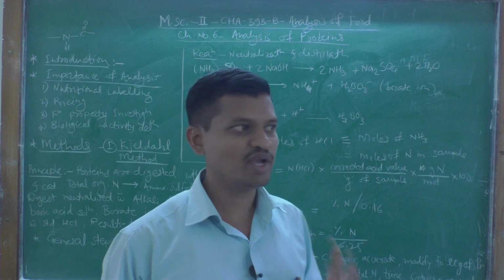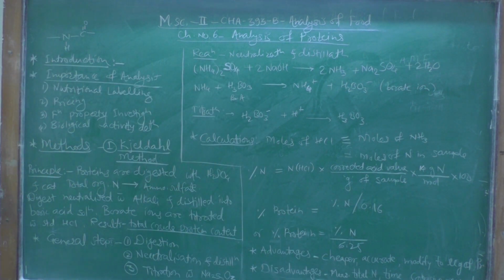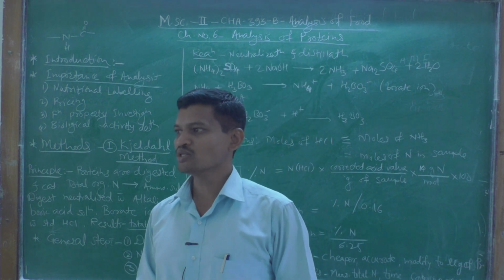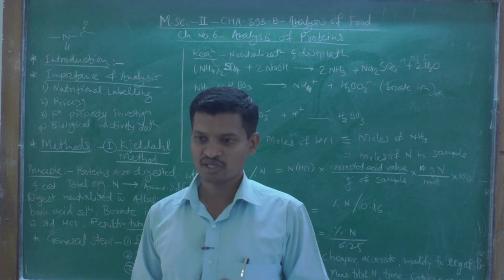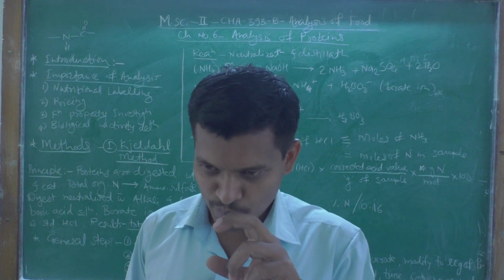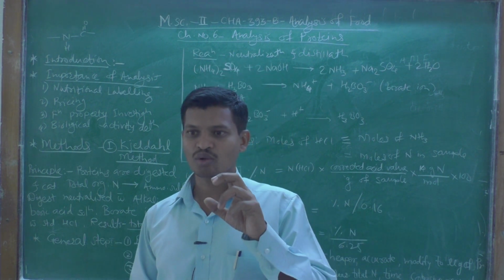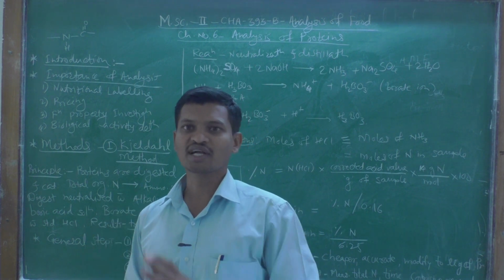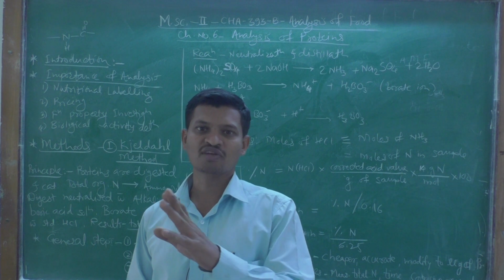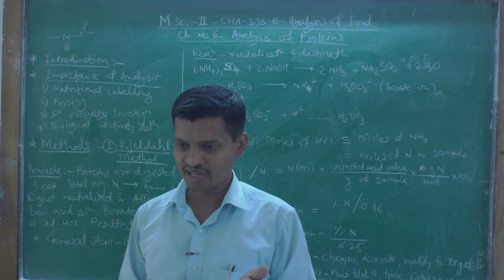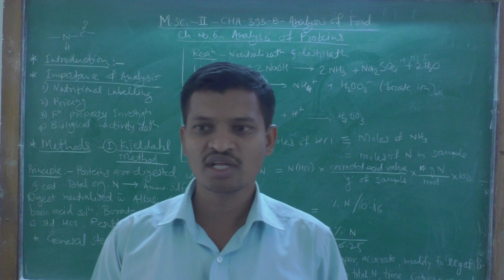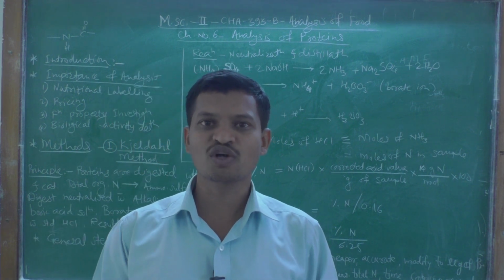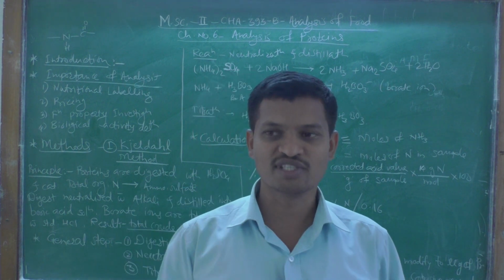So that's why this is one of the important reasons why we should do protein analysis. Okay, then the second point is pricing. Now what is this pricing? In some food products, the price or cost of that food product is directly related to its protein content. For example, most dairy products are sold in the market on the basis of the protein contained in that food sample.